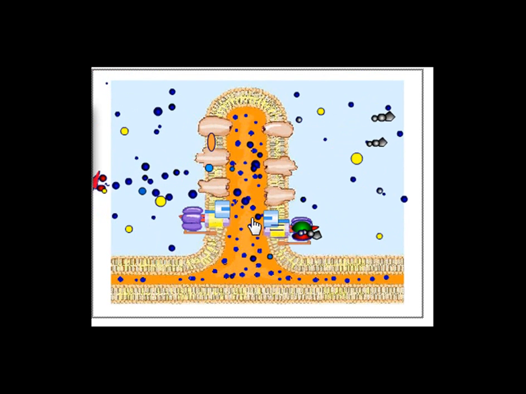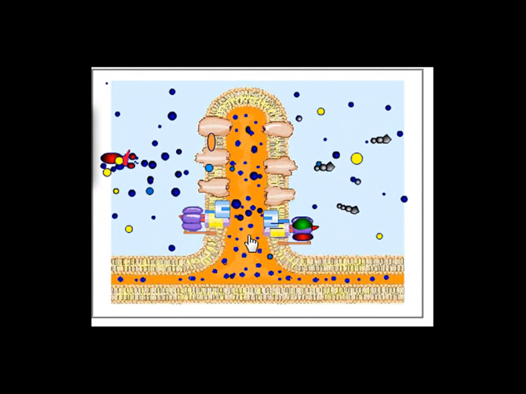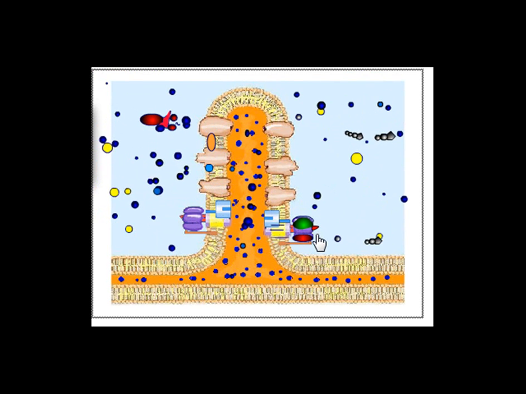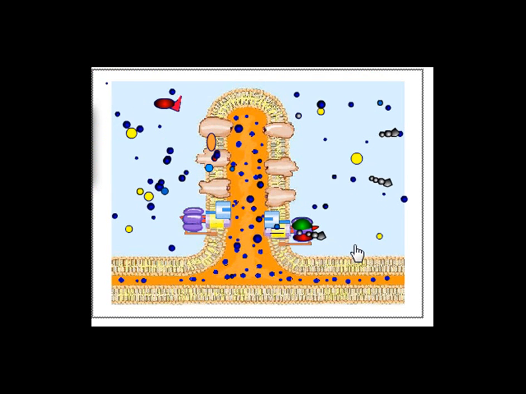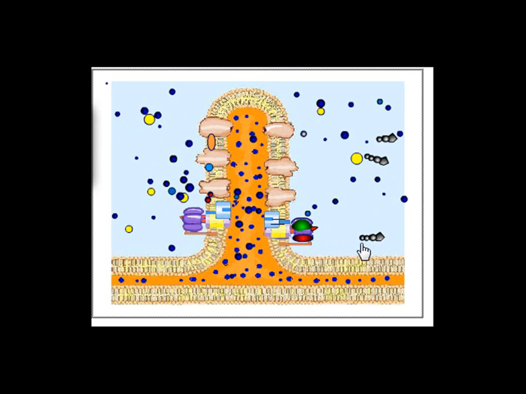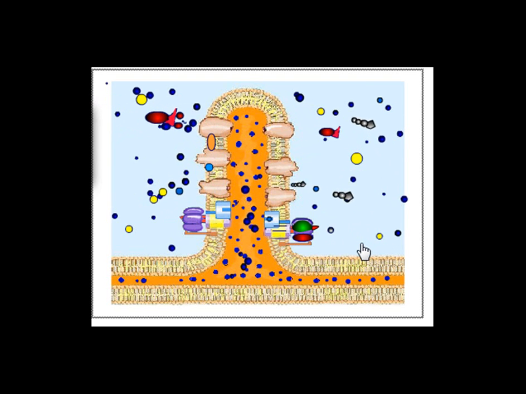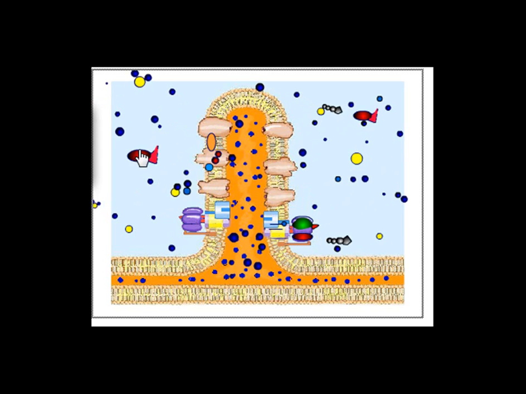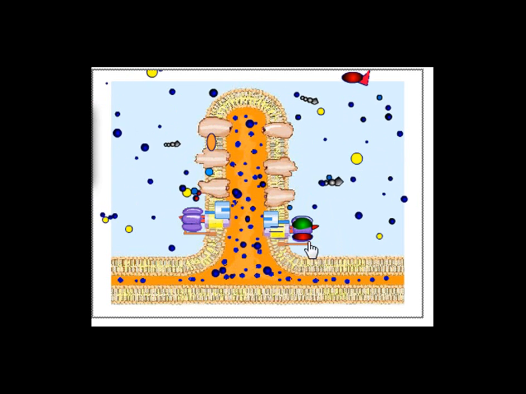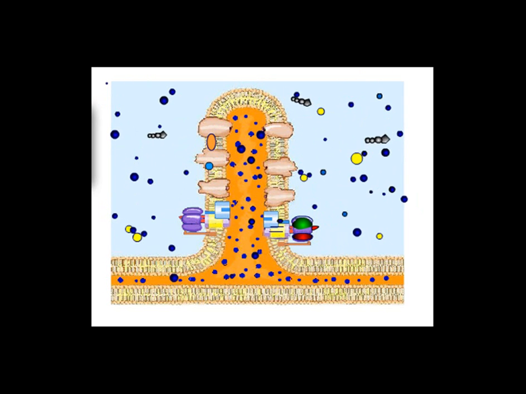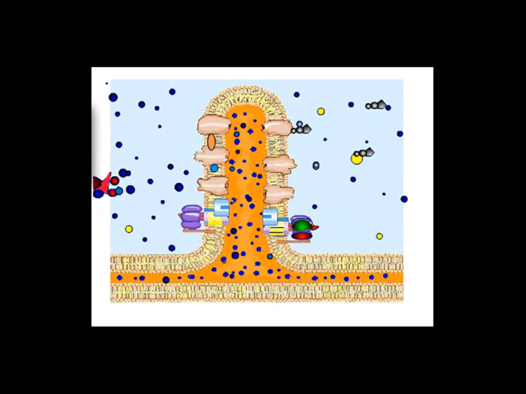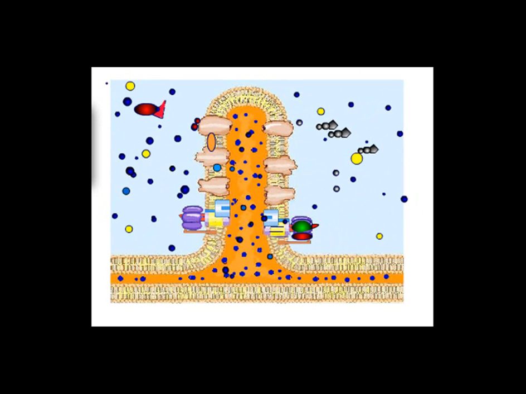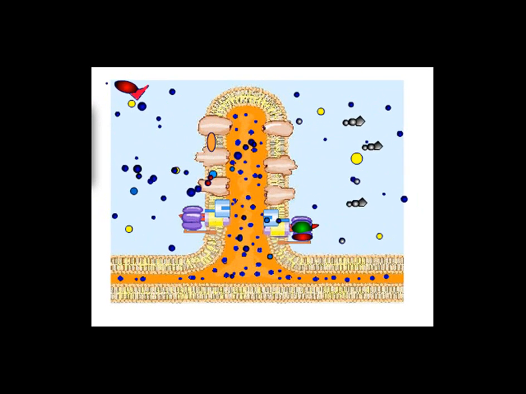As those hydrogen ions build up, they want to come back across the membrane through the ATP synthase and in turn form ATP. This whole process is allowing the majority of all of our ATP to be produced. This is showing all of the coupled reactions of the electron transport system.